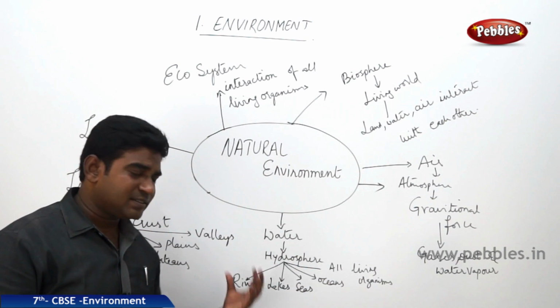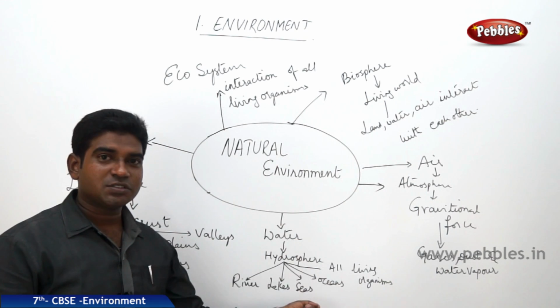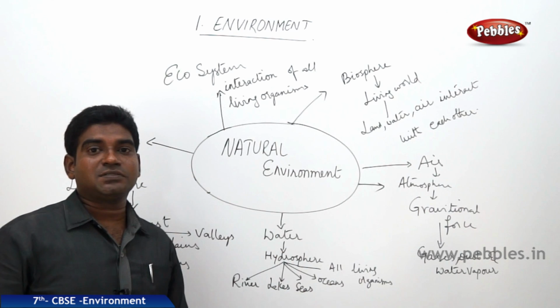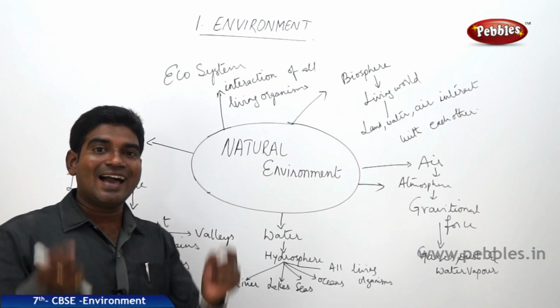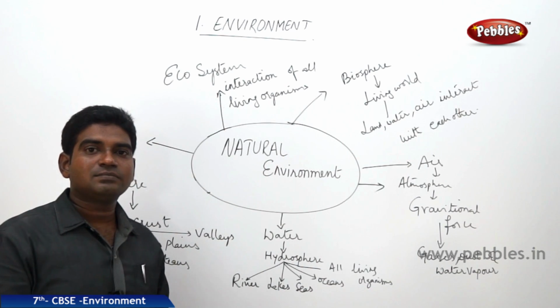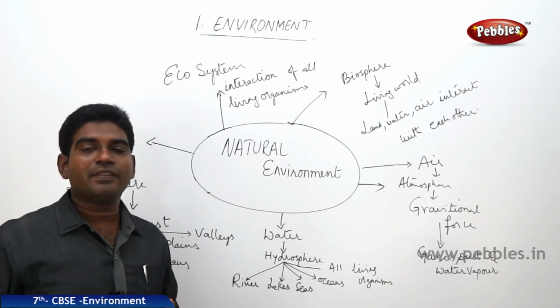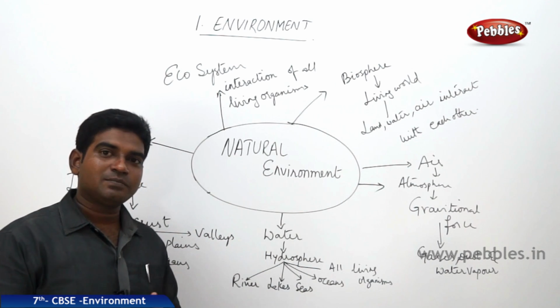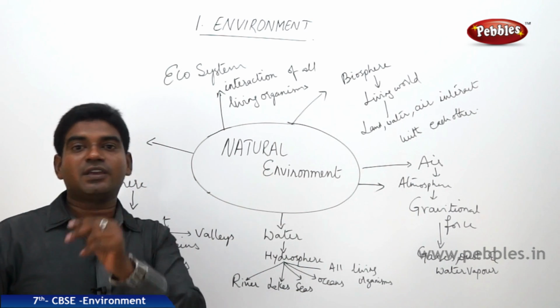It consists of lakes, rivers, seas, oceans, and the fishes, the organisms, the algae which live in the water bodies, all together come under the single umbrella, that is hydrosphere. This is the second important realm of the earth.